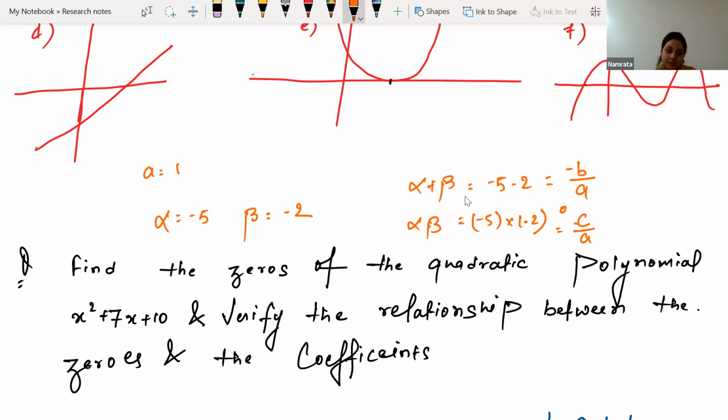It's 1, b is 7, and c is 10. Perfect. Now we'll just put the values in b upon a, and we will be able to verify it, right? Yes.